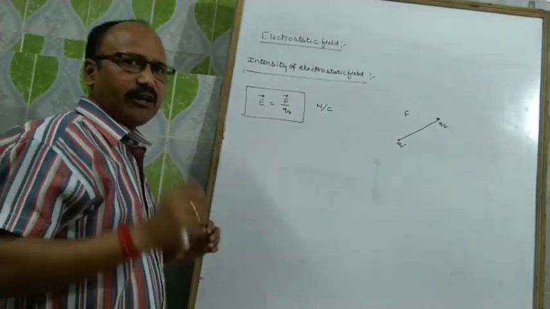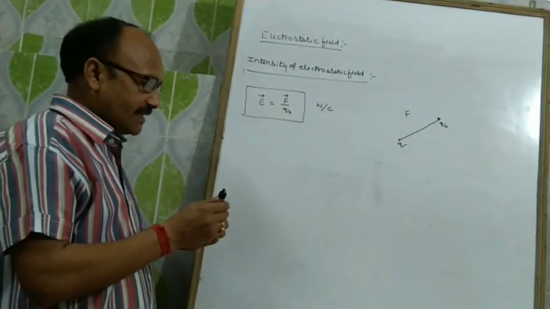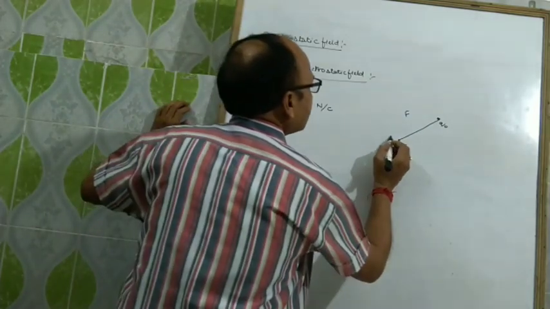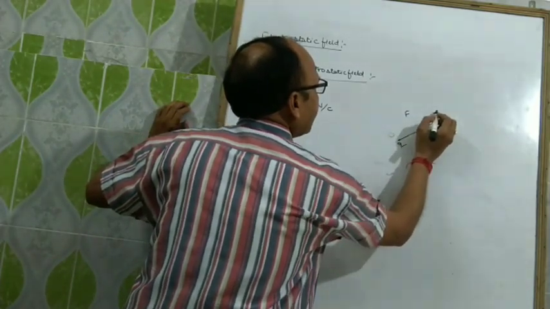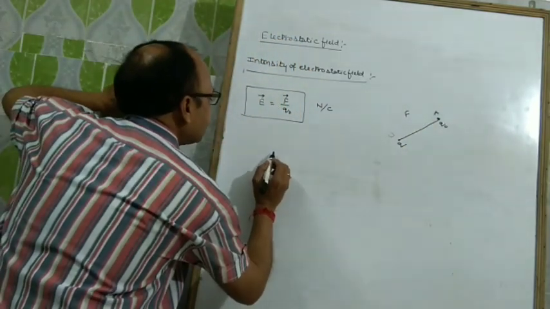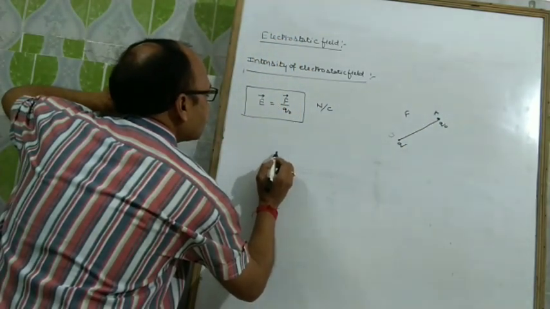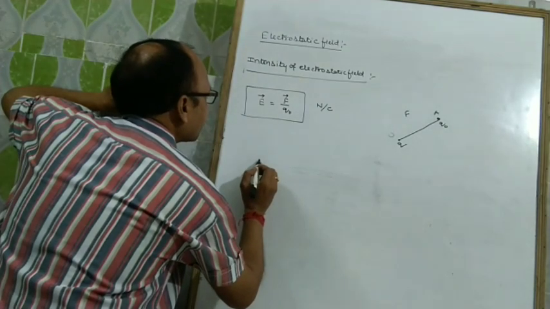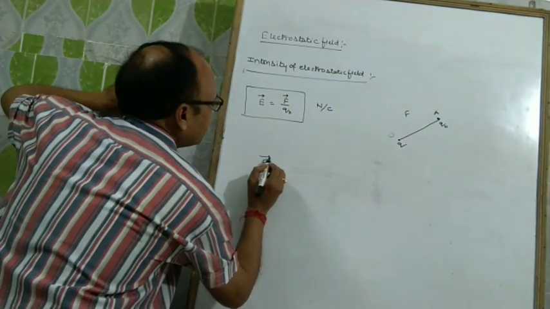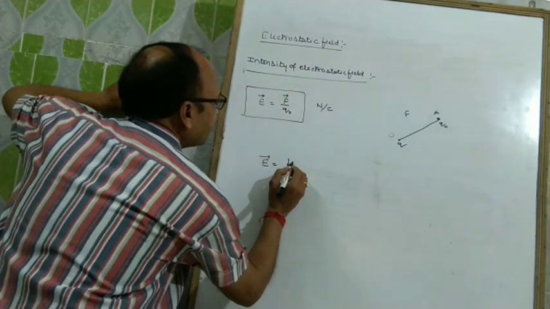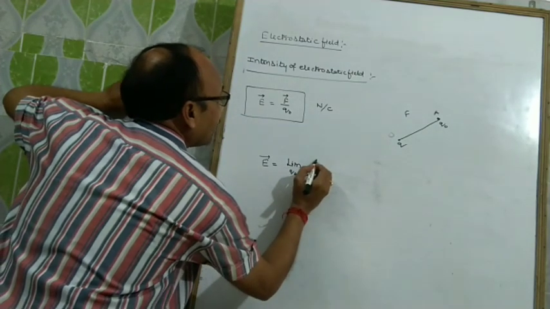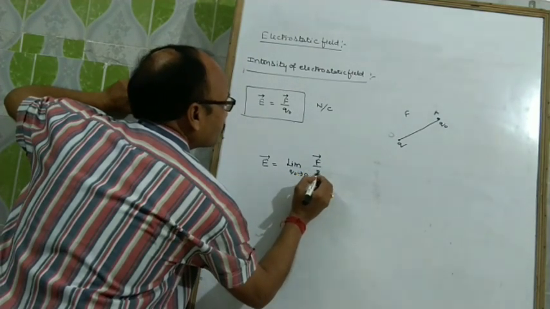For this there is a method: take the limit Q naught tends to 0. So for the accurate value of electric field intensity at this point, this is O and this is A, at point A we have to take Q naught approximately equal to 0. So the representation of electric field intensity will be limit Q naught tends to 0, F upon Q naught.